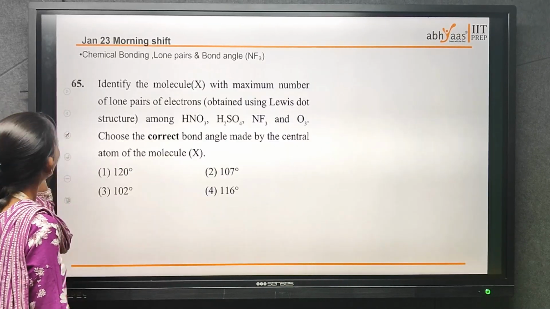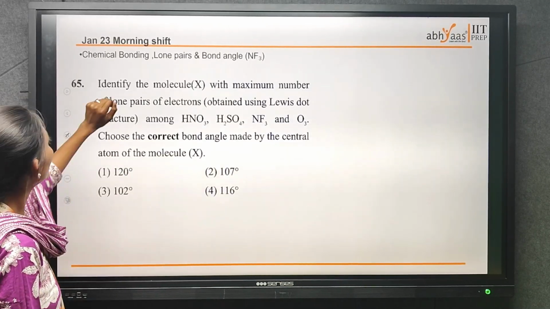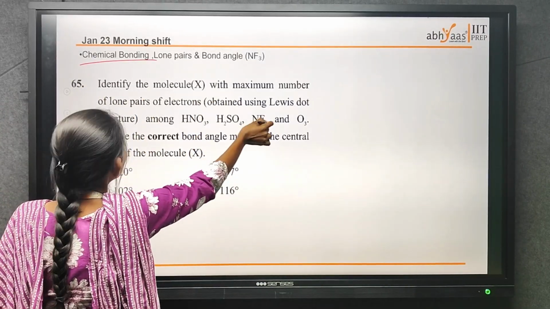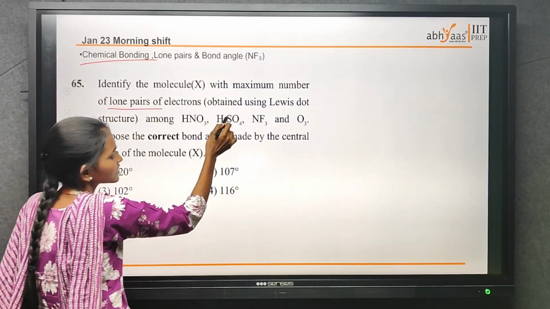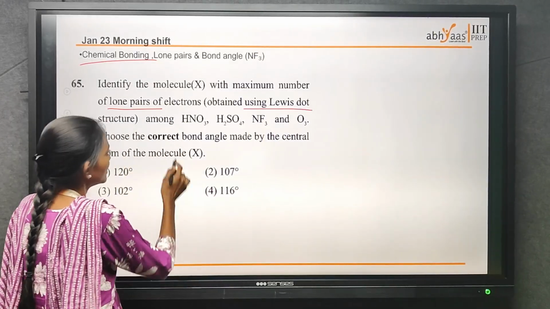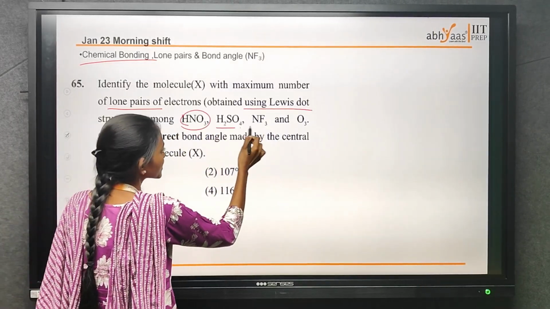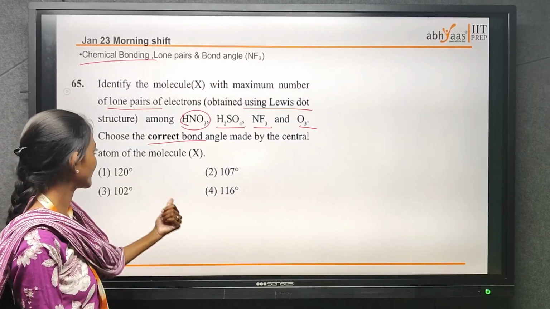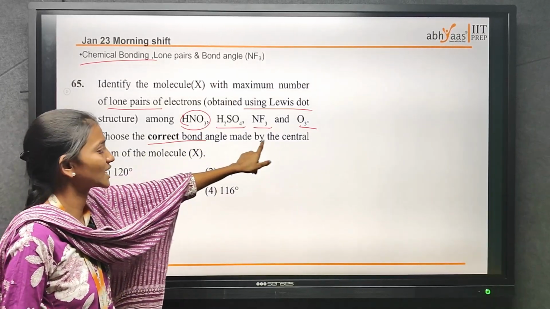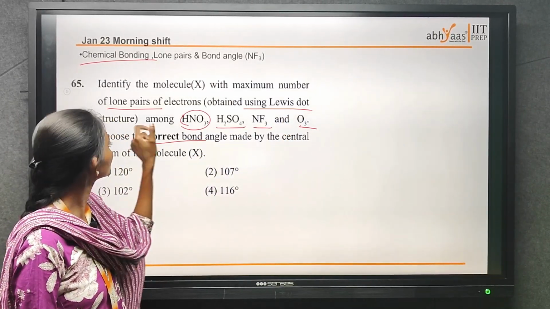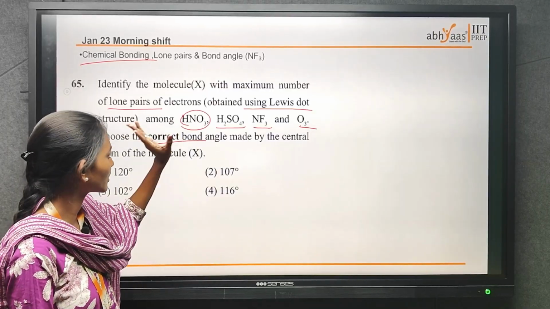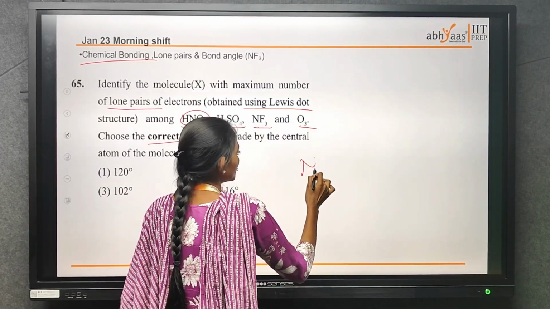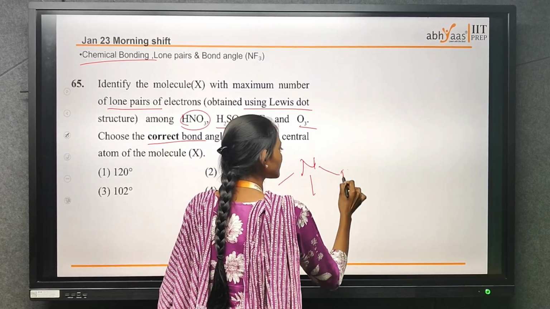Very easy one. And moving on to the 65th question. This question is from chemical bonding. Identify the molecule X with the maximum number of lone pairs of electrons using Lewis dot structure. They have given HNO3, H2SO4, NF3 and O3. Choose the correct bond angle made at the central atom. You know the structures, right? They are asking about Lewis dot structure, meaning which has more. O3 you know very well. NF3, I'll write about NF3 because it has more, right?